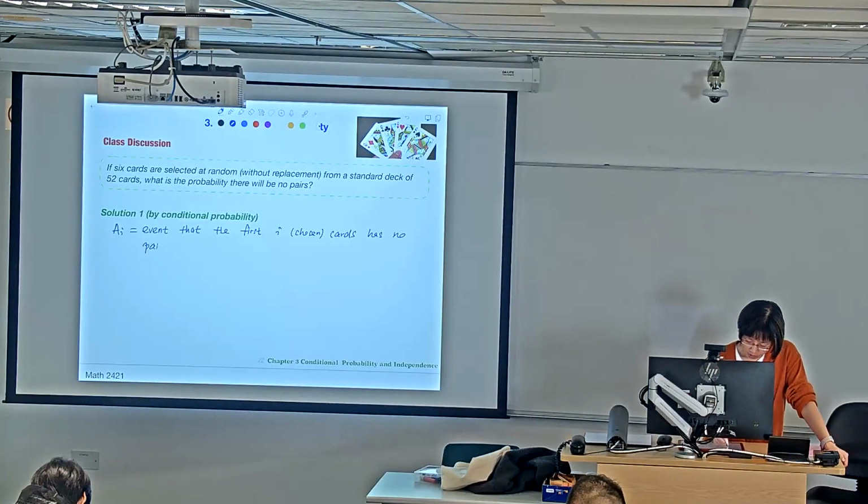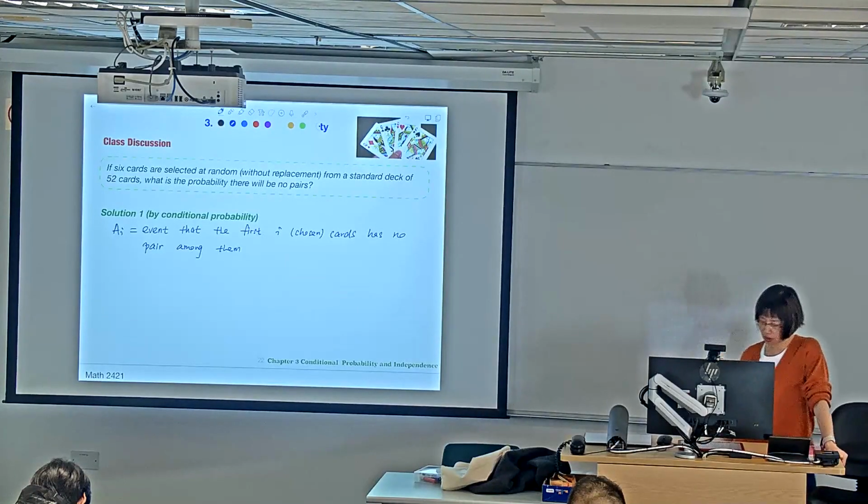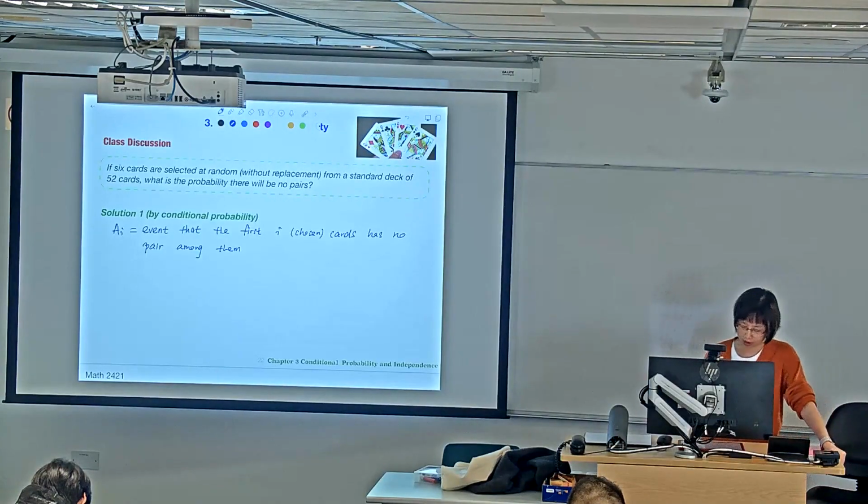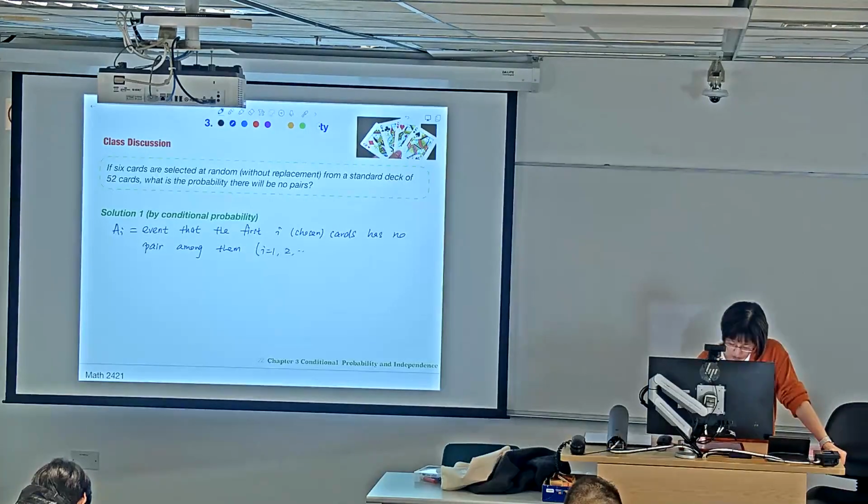So you can use conditional probability to solve this one, but you need to define these events properly. A1 is that the first card has no pair, A2 is that the first 2 cards have no pairs, and so on, for i equals 1, 2 to 6.